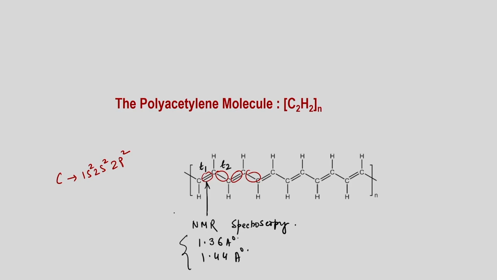This model consists of 2 atoms per unit cell, 2 carbon atoms per unit cell, and T1 is intra-cell hopping and T2 is inter-cell hopping.